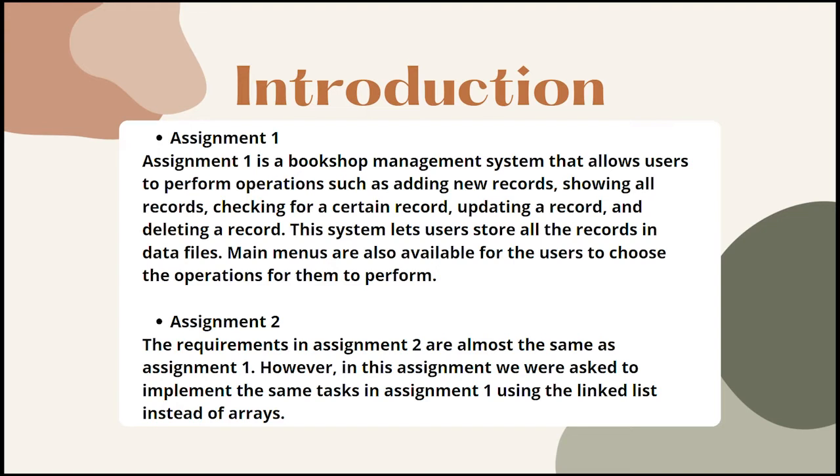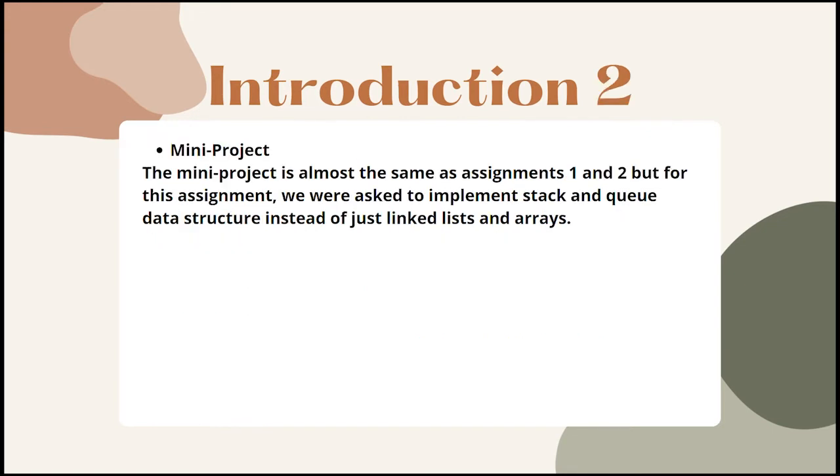Then in assignment 2, the requirements were almost the same as assignment 1. However, this time we were asked to implement the same tasks, but using linked lists instead of arrays. Then we have our mini project, which was a continuation of assignment 1 and assignment 2.